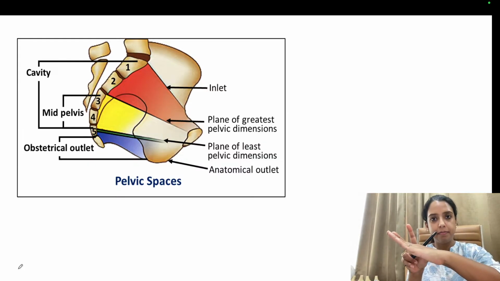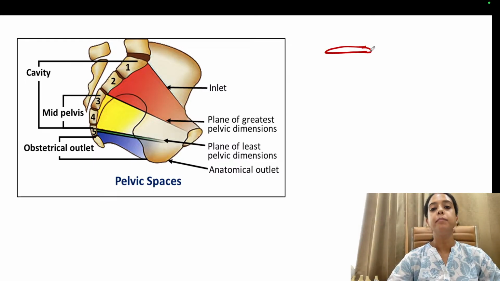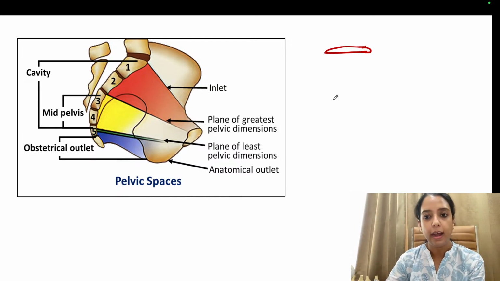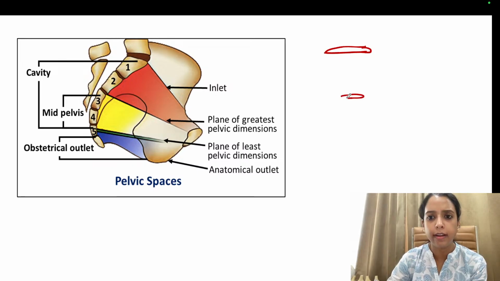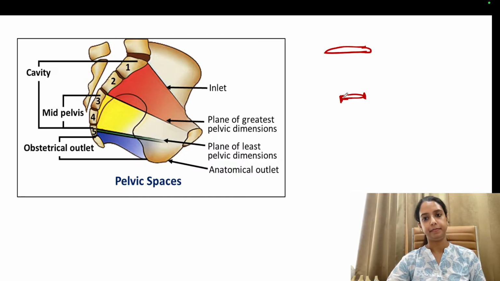It is inlet. Okay? So this house has a very nice door from the upper border of pubic symphysis till sacral promontory. Then there is a wall in between, and that's a small wall. And that wall is from the posterior border of pubic symphysis till S4, S5.